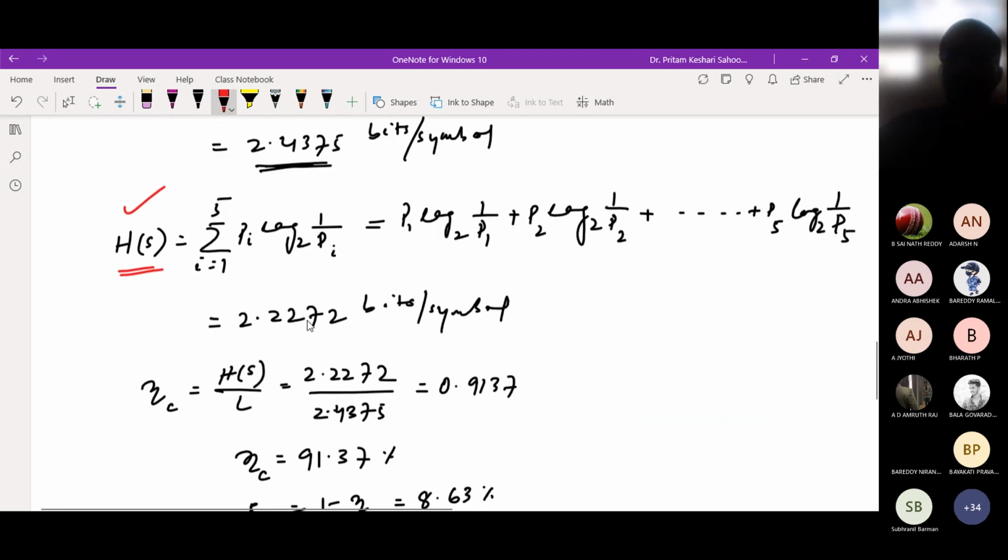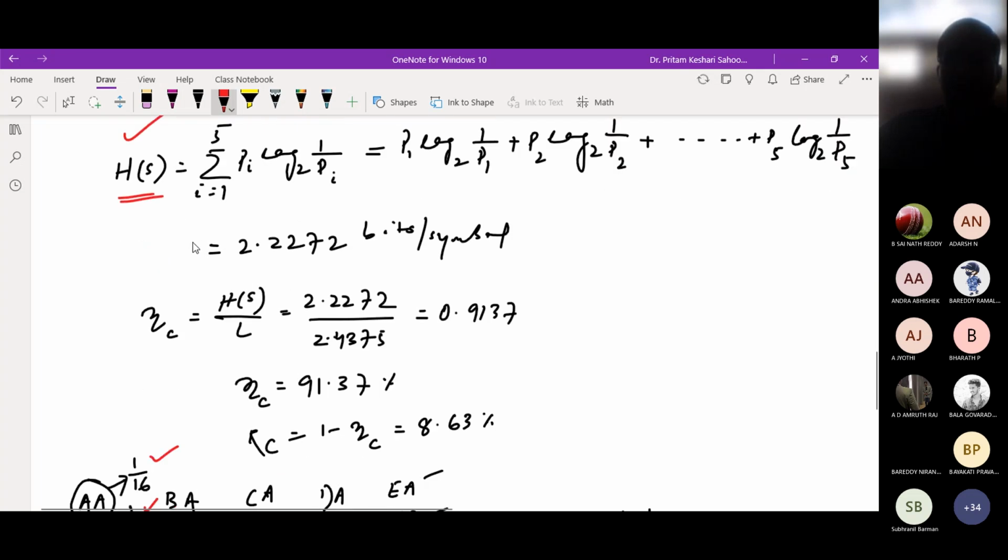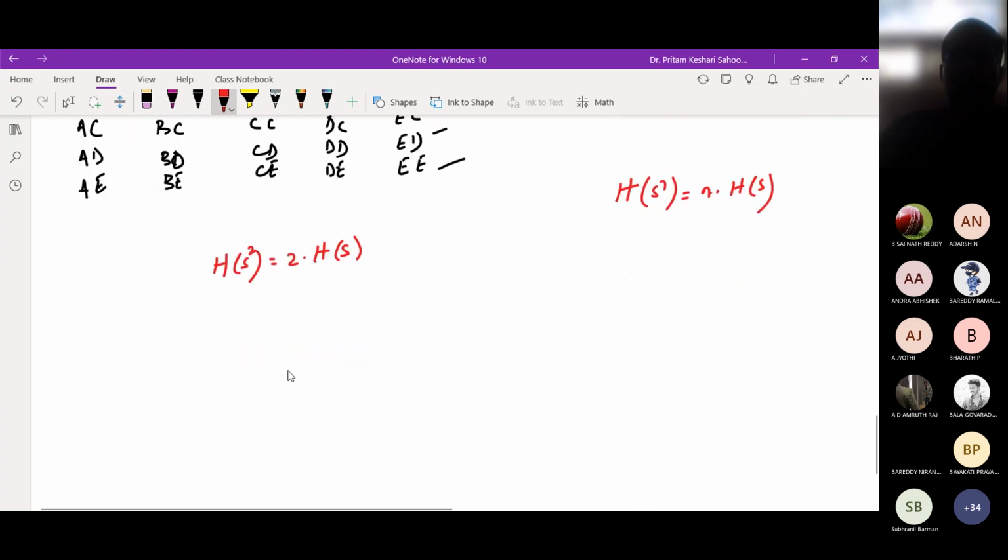So once you have calculated the value of H of S, for the second extension you don't have to go through these processes. You simply multiply it by 2, that will give us H of S square. And then we can calculate the code efficiency, that is H of S square divided by L. So that will give us the coding efficiency.